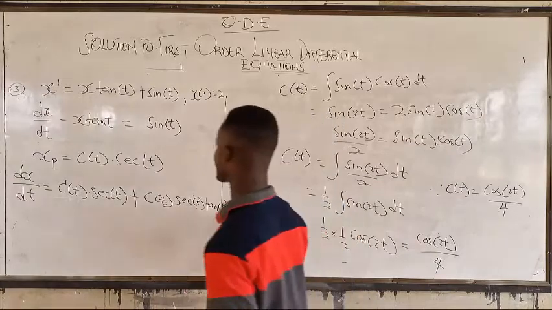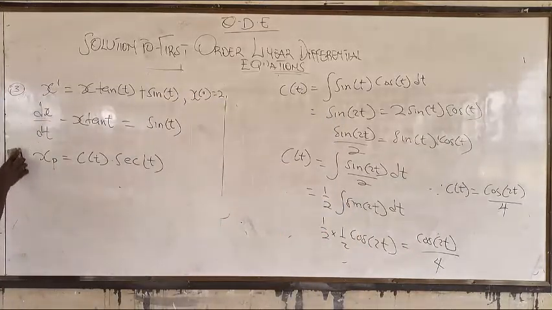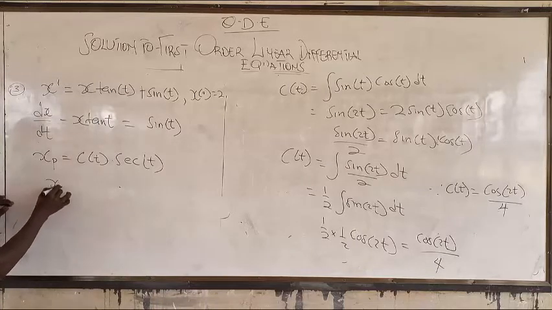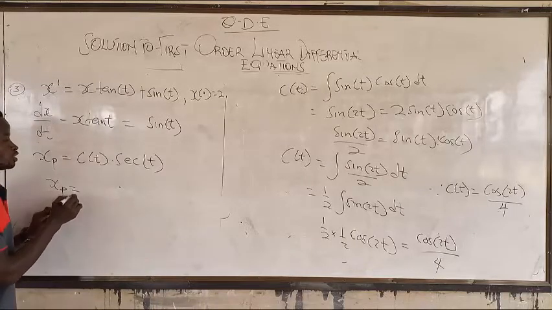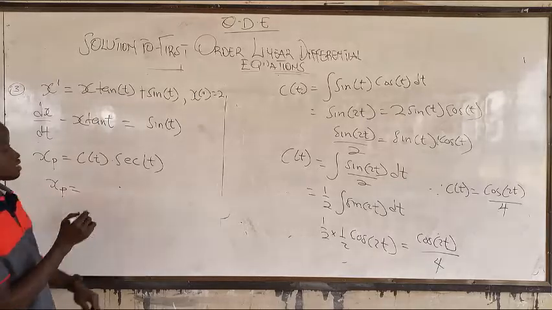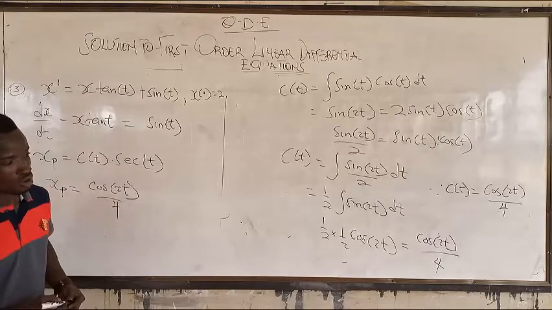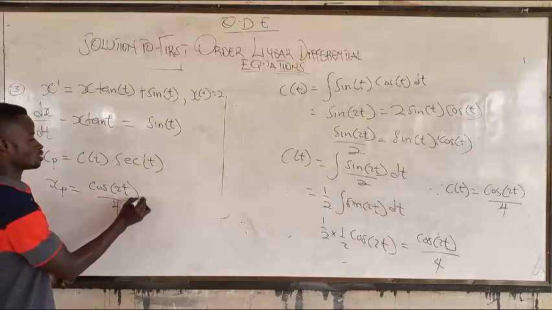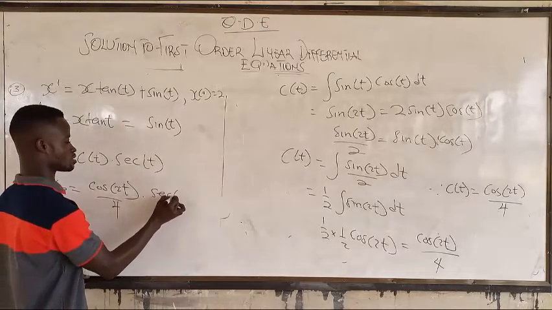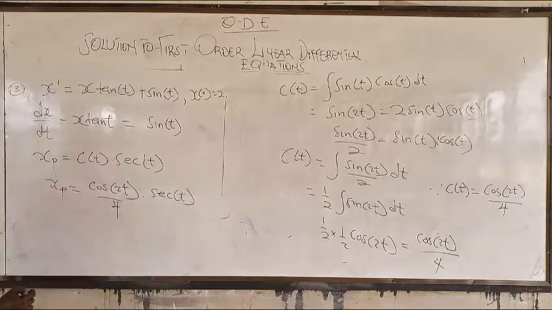Then we come back and do the substitution. So you know that y of p is going to be c of t, which is cos 2t over 4, very good, times sec t.